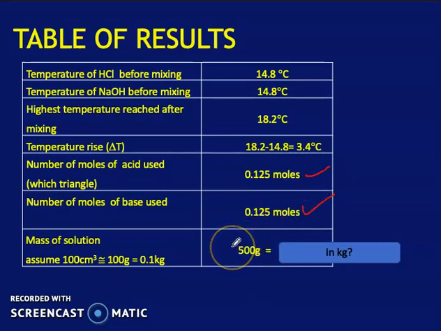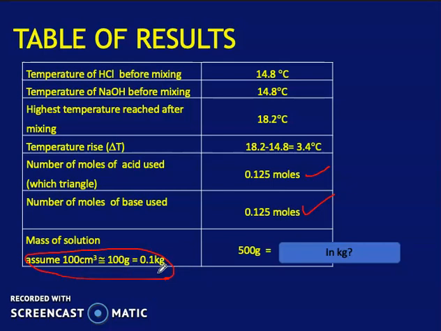In terms of the mass of our solution, I'm going to direct you to this assumption over here, and in some of the questions you will see mention of density. All that it's saying is the density of water is 1 gram per centimeter cubed. So if you have 100 centimeter cubed of water, you actually have 100 grams of water, and if you have to convert that into kilograms, which we will, that's going to be 0.1 kilogram.